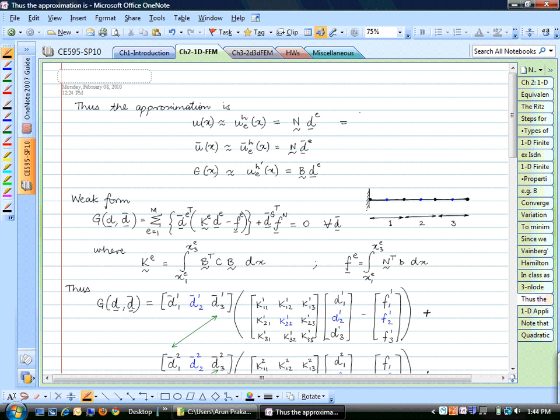And what this would look like is NE1, NE2, and NE3 times the actual degrees of freedom within the element, DE1, 2, and 3.